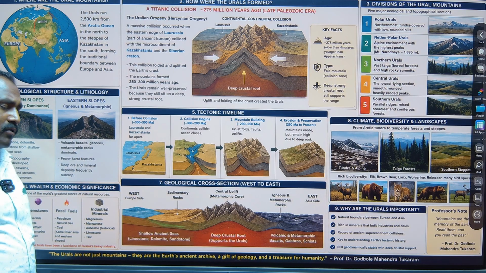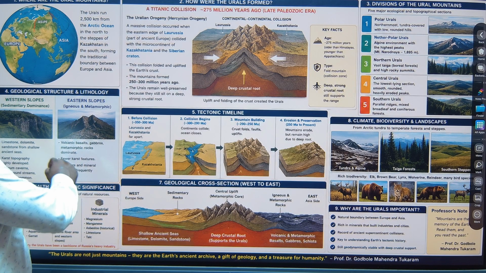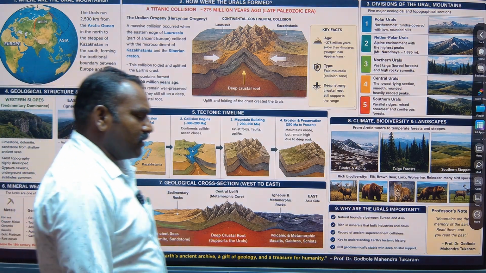Those are very prone to erosion, whereas the eastern side is known for volcanic basalts, gabbros, and metamorphic rocks.